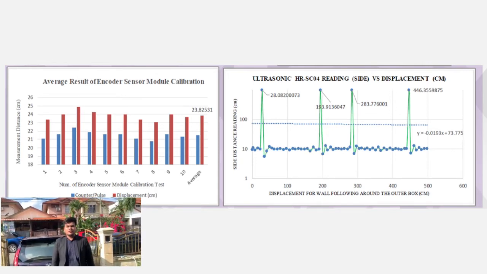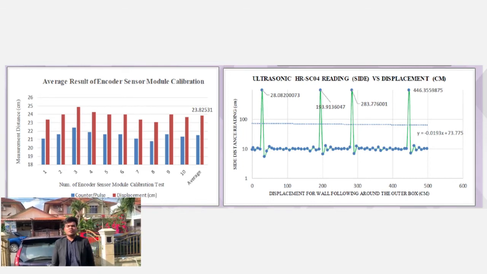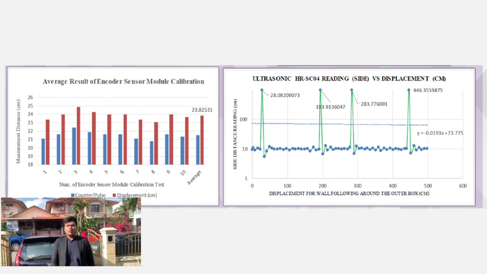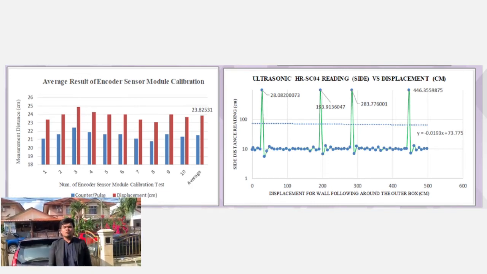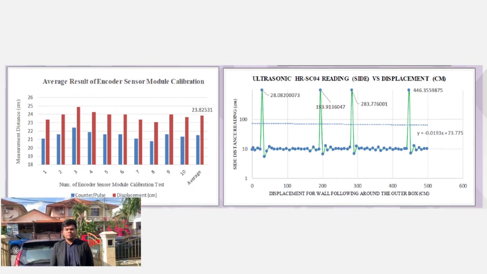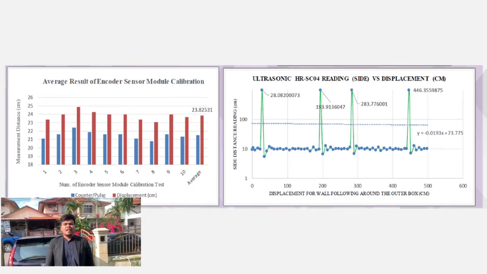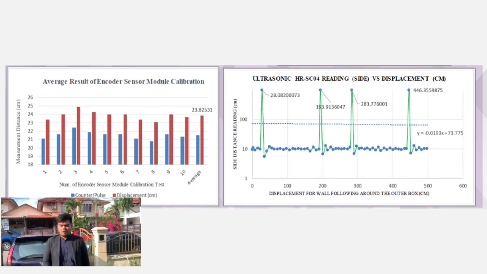The reference displacement for one rotation of a 65 mm diameter wheel is only 20.8 cm, and the offset error gives 3.02531 cm of displacement.